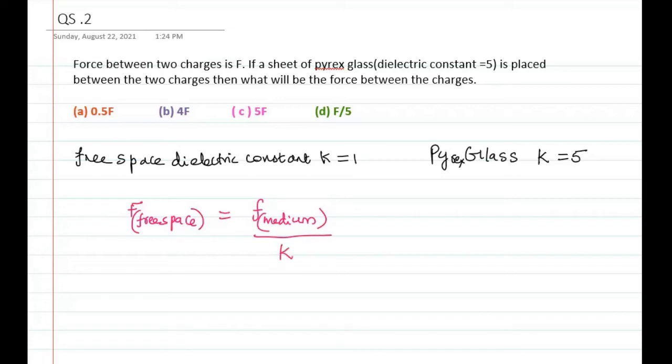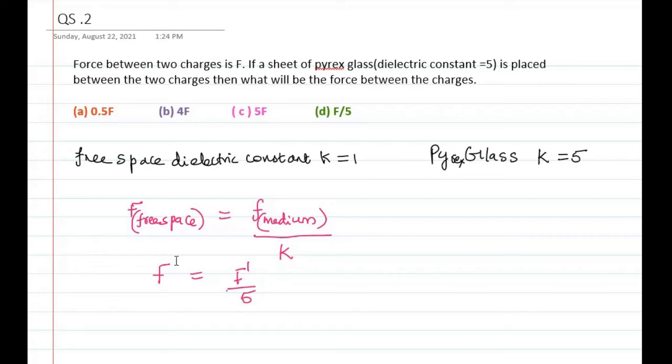This is the relation between the force in free space and the force in another medium. So let the force in free space be F, and the force in the medium is given by F dash, divided by 5.